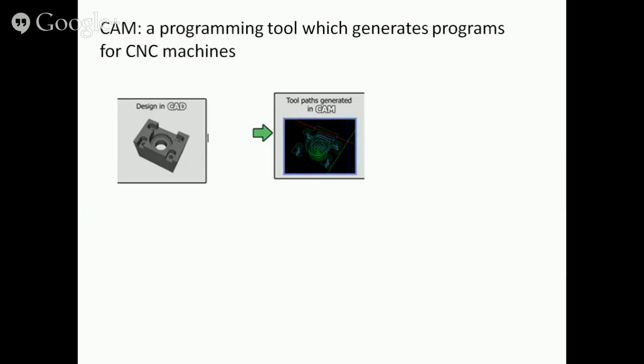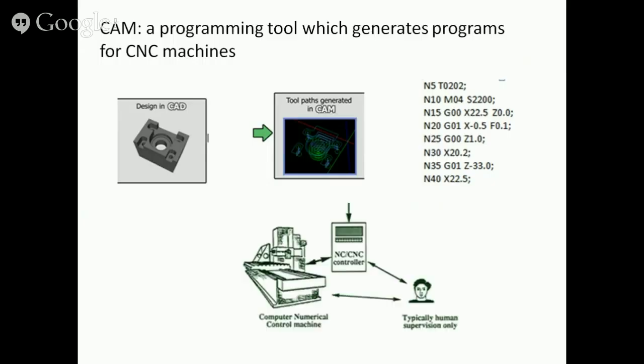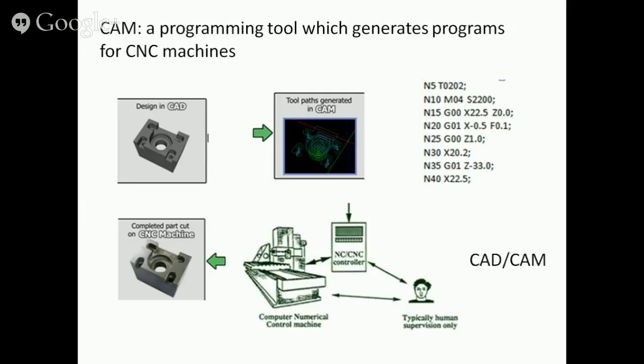After adding technological data such as spindle speed, feed rate, and others, a CNC program is generated. This CNC program is then transmitted to the controller of a CNC machine, which produces the part. This process is called a CAD/CAM process.